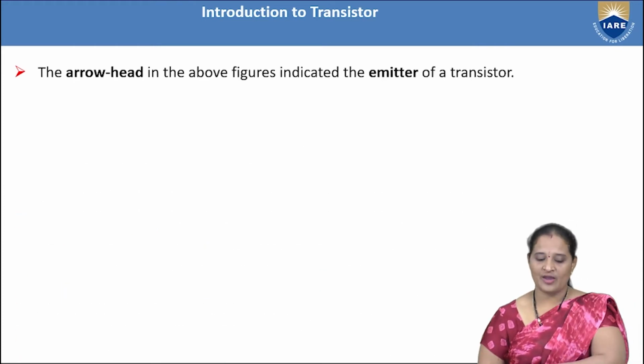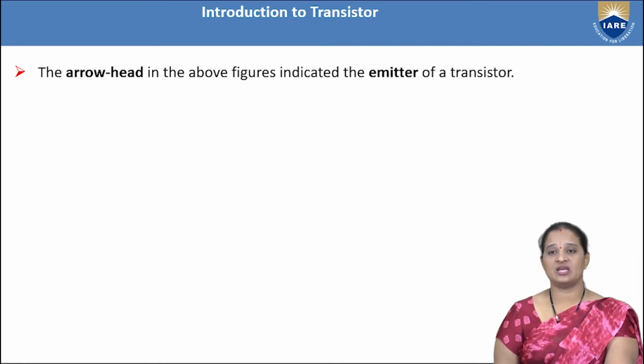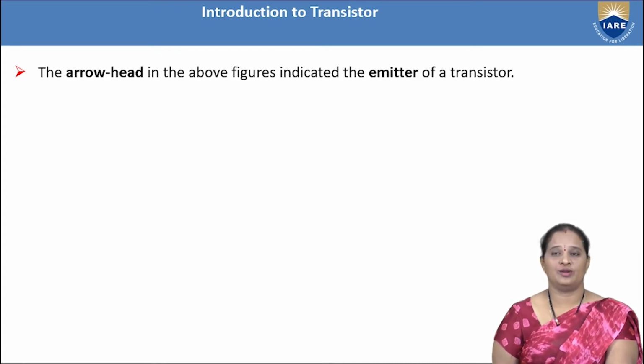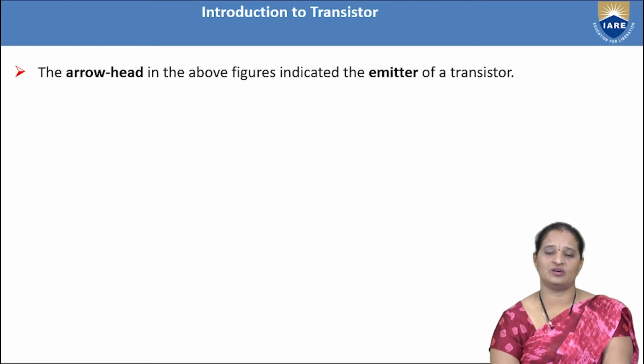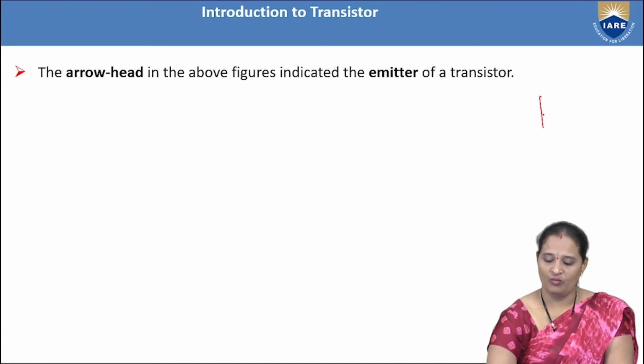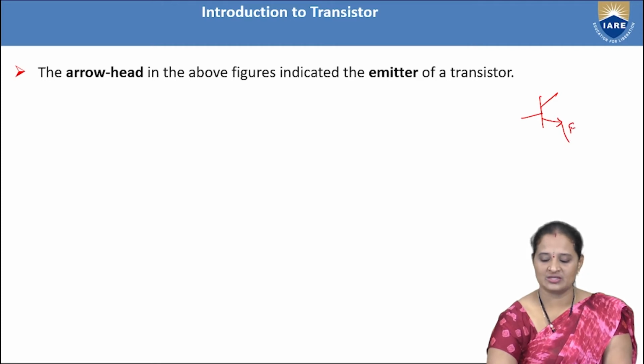So here the arrowhead in the above figure represents the emitter. That means how to identify the terminals here: whatever terminal has the arrow is always considered the emitter.